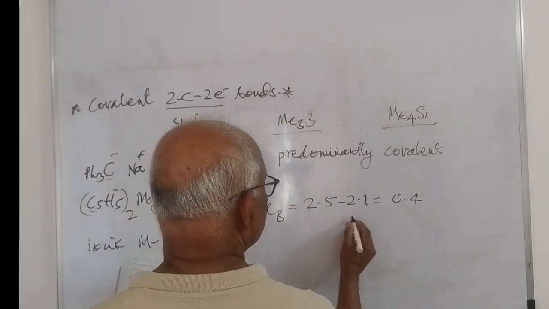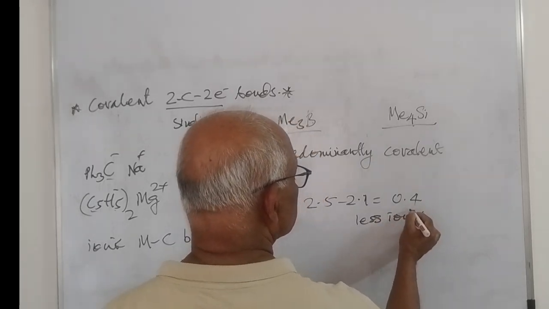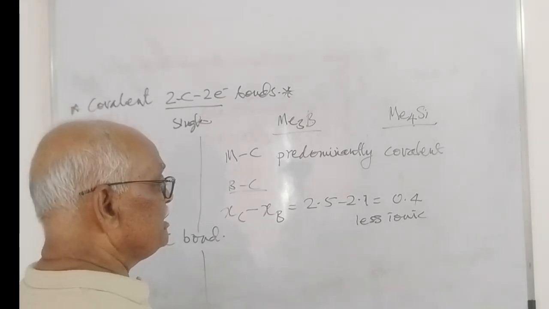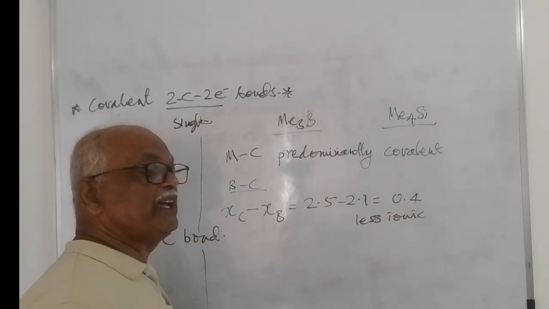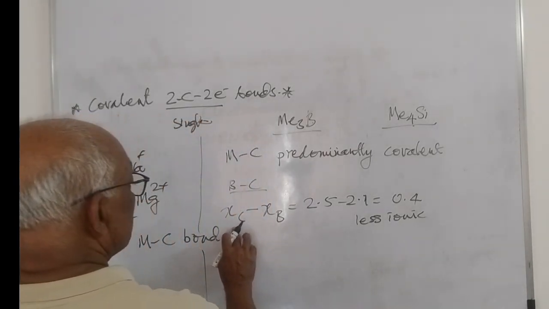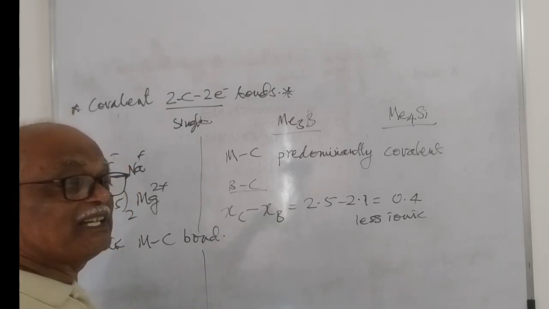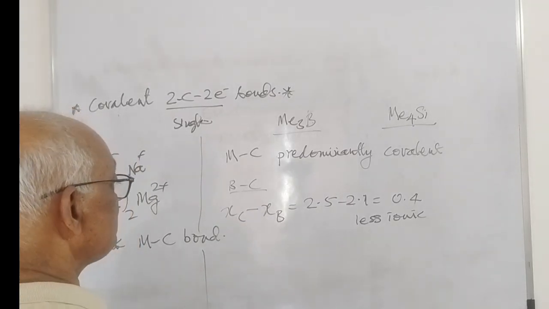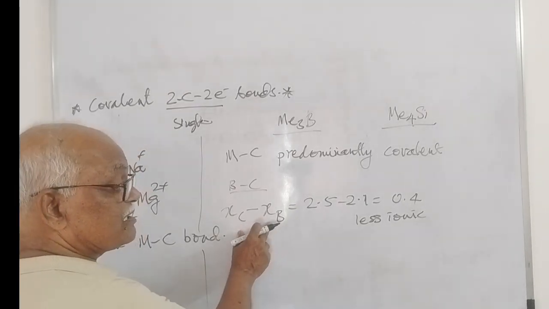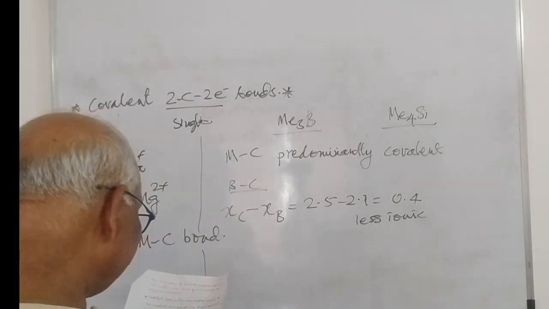So this is less ionic. The greater the difference, the more ionic character. Here the difference is less, so ionic character is less. This is an important factor to be noted. As the difference increases, ionic character increases, and as the electronegativity difference decreases, ionic character decreases, meaning covalent character increases.